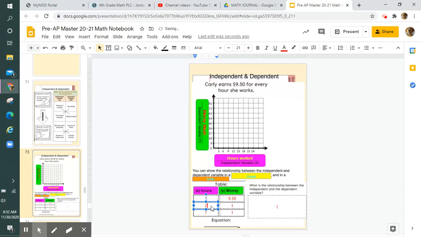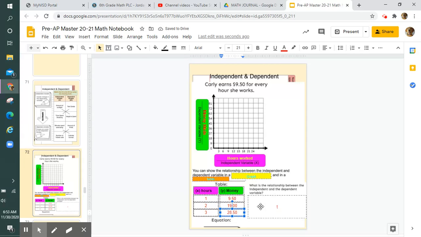If she works 2 hours, then she's going to make double that. So $9.50 times 2 will be $19. And then if she works 3 hours, we're going to add $9.50 to that because she earns $9.50 more. Or we can take $9.50 times 3. Either way, it gives us the same answer, and it would be $28.50.